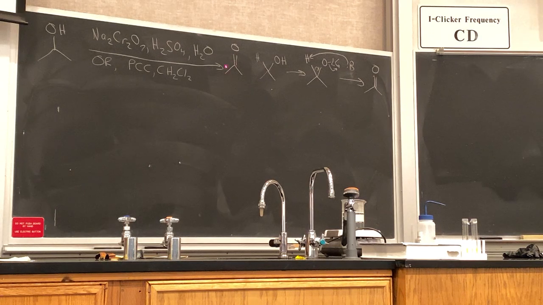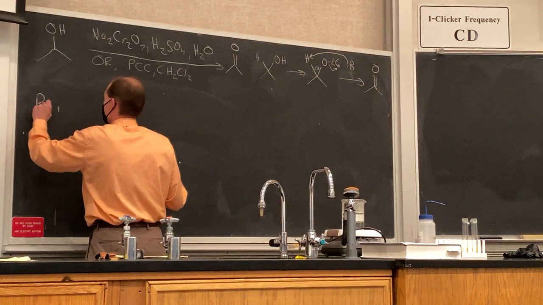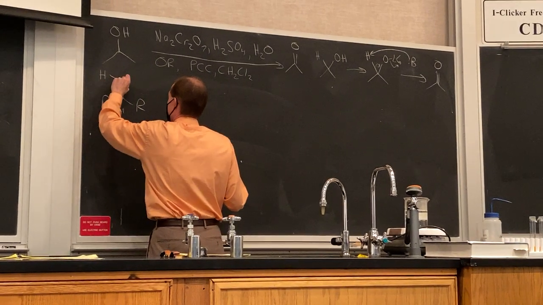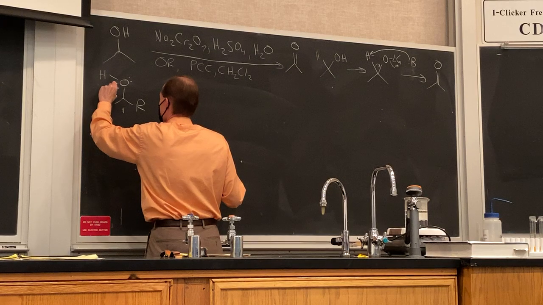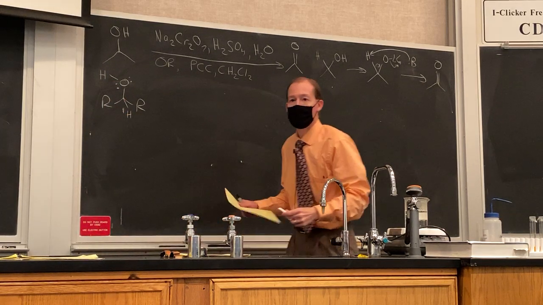So we have to attach a leaving group to this oxygen in order to perform these oxidations in a flask in a lab. So let's show you how that is done specifically. Let's draw the mechanism for the oxidation of an alcohol. And we'll just use R groups to make it a generic secondary alcohol.